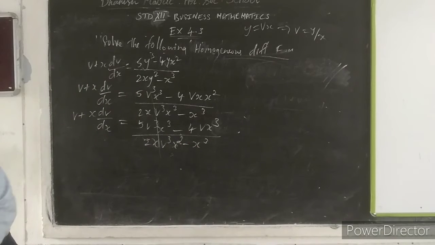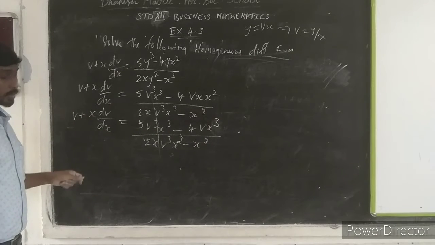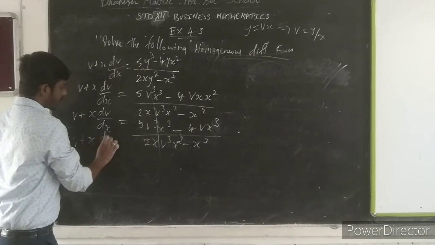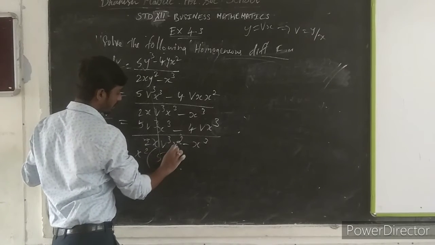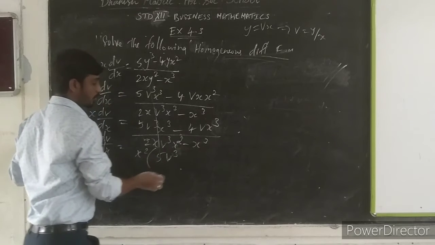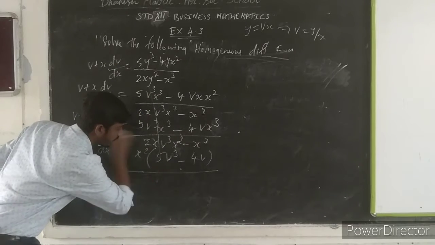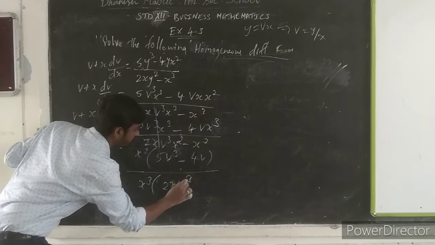Now taking x cube commonly from this equation, we get v plus x dv divided by dx equal to x cube taken out, the remaining is 5v cube minus 4v, divided by 2x v cube minus 1.